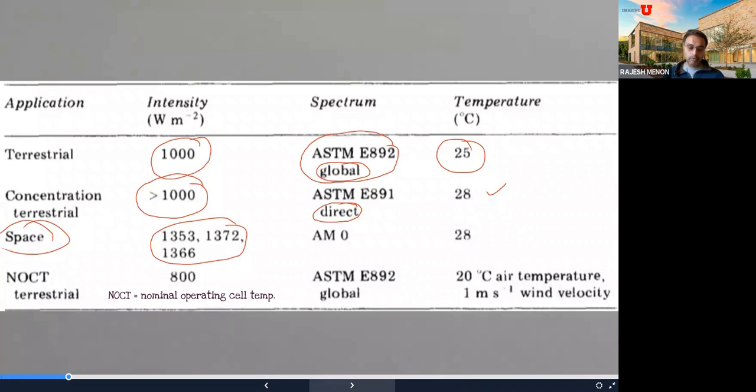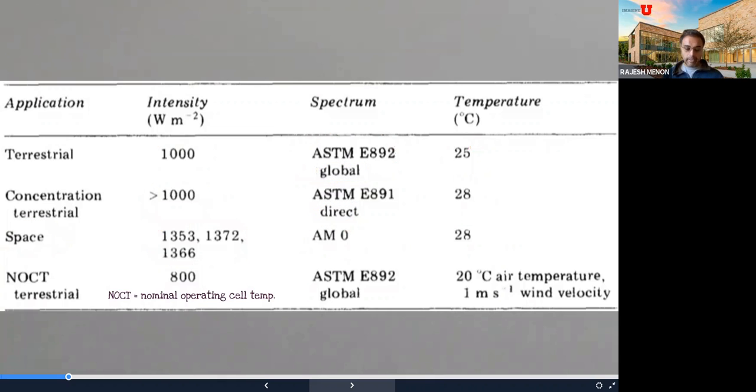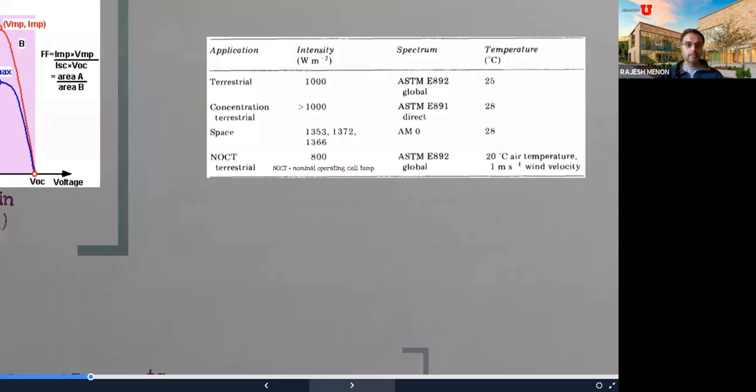This is AM0 we talked about. And the temperature can be different. In fact, this is a little high, in my opinion, and I think in actual space operation, this is much lower. In any case, those are standard numbers. And there are a few other parameters here, which, again, you should be aware exist. You don't need to memorize any of these, of course.